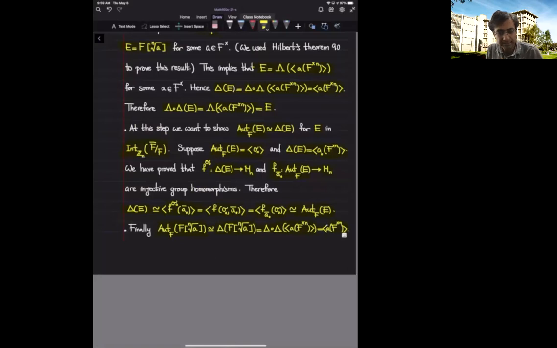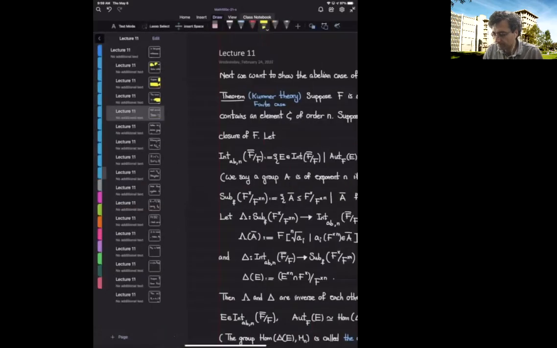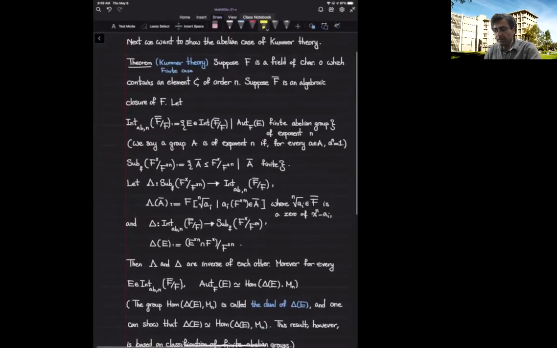Now let's go beyond that. For Kummer theory, we are going to discuss only the finite case, but it is true for abelian groups. The way that I interpreted the previous statement was using group homomorphisms from automorphisms of F bar over F to the cyclic group of order n, and group homomorphisms from F cross to the cyclic group of order n.